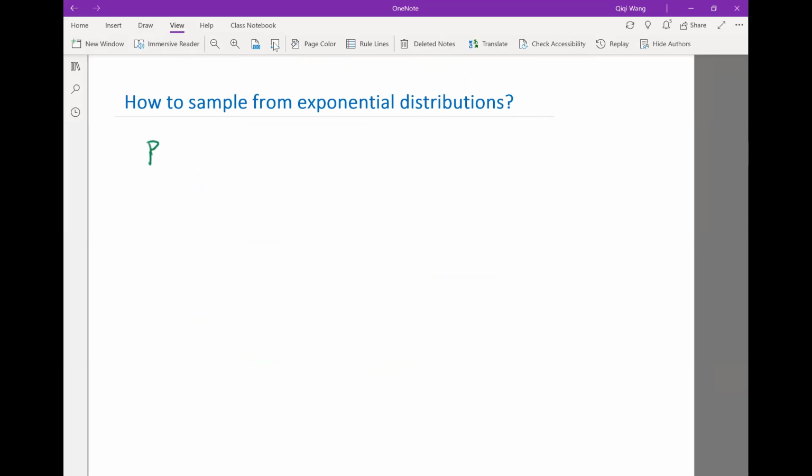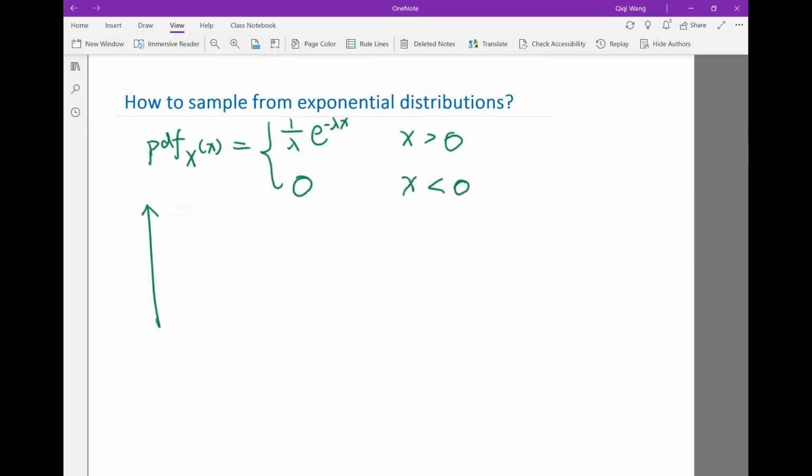So the PDF is equal to, again, 1 over lambda times e to the minus lambda x if x is greater than 0, or 0 when x is less than 0, right? So if you draw the PDF, it behaves like that.